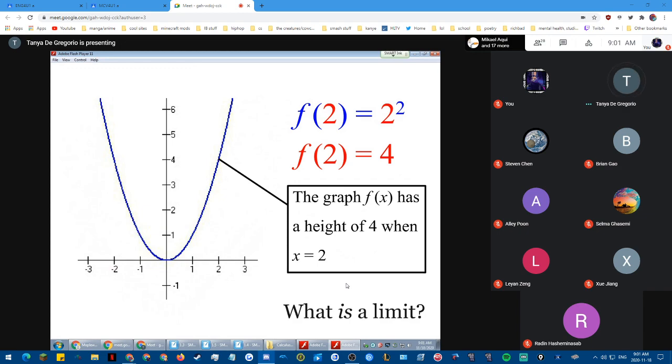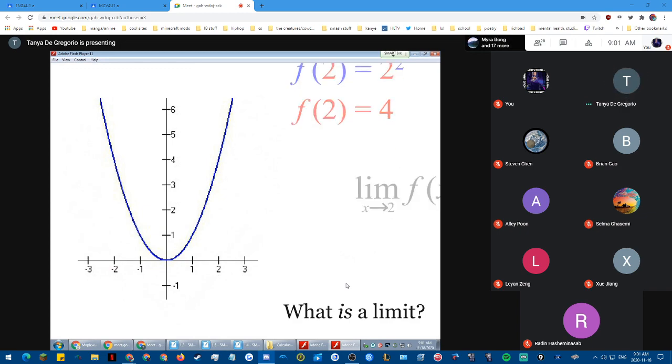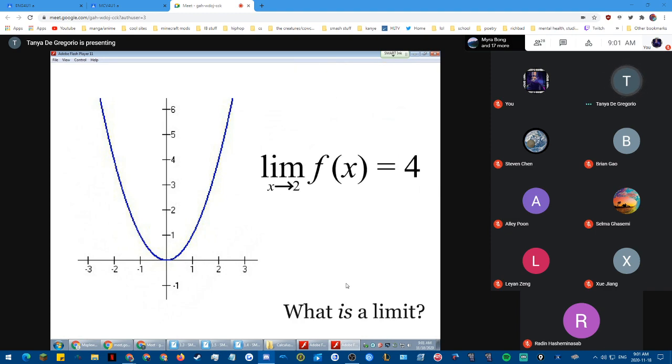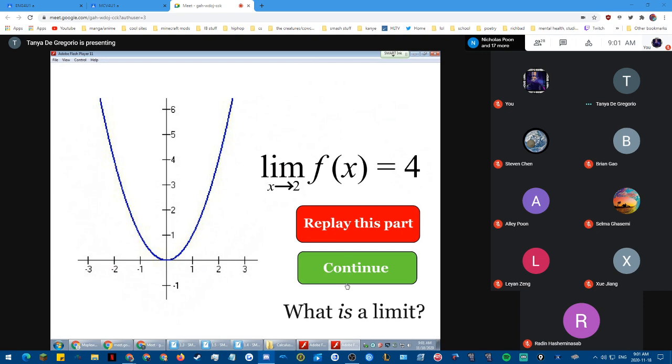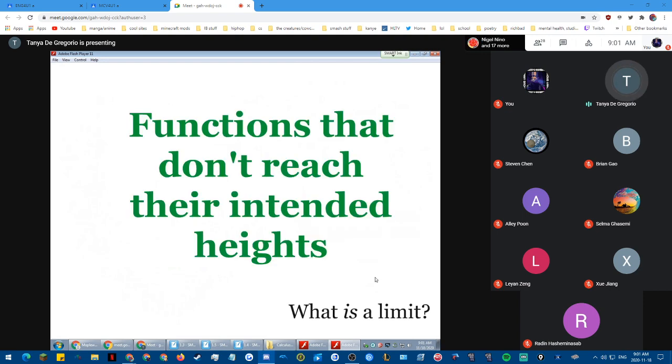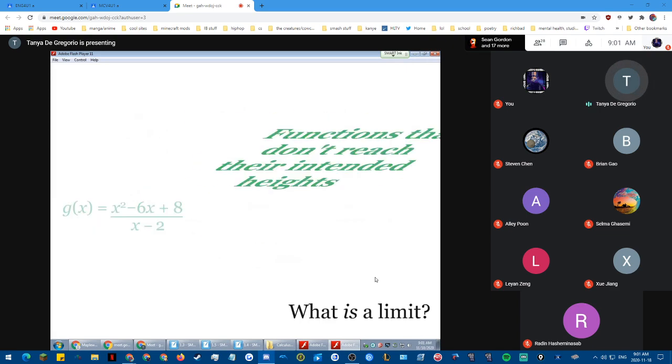Pretty simple. But now I can create my first very basic limit statement, and that is the limit as x approaches 2 of f of x equals 4. This just means that whenever I'm getting very close to the x value of 2, my function is getting very close to the height of 4. There's nothing really earth-shattering about what we just learned. But that changes when we examine functions that do not reach the heights they intend. Take, for example, this function.